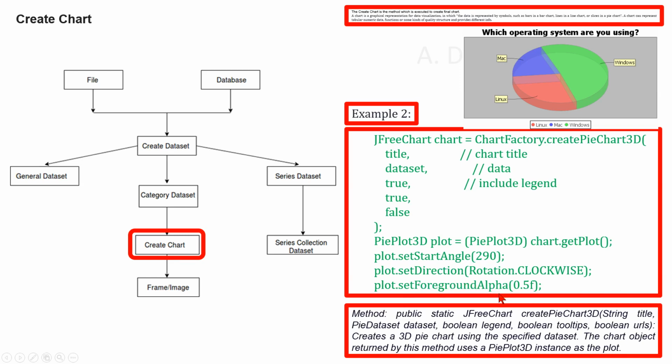Here the foreground alpha sets the alpha transparency for the plot and sends a plot change event to all registered listeners. Here you can see alpha as a float value, the new alpha transparency.